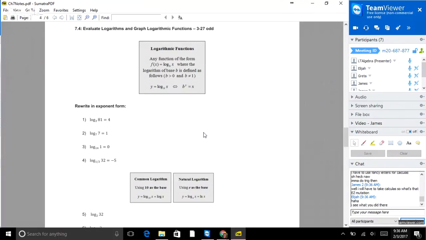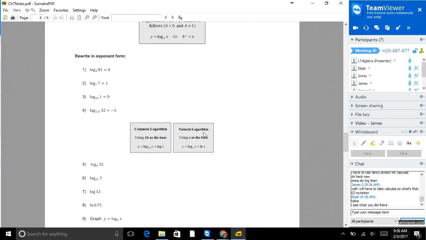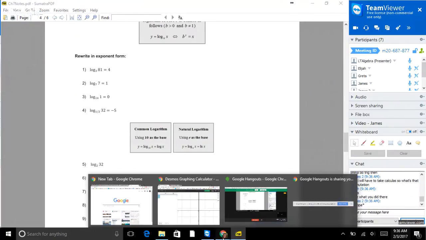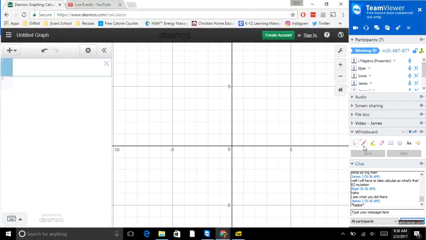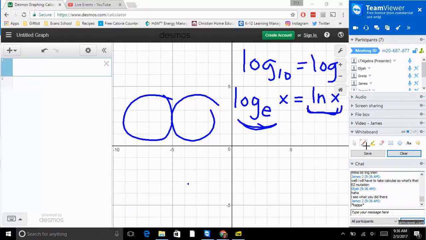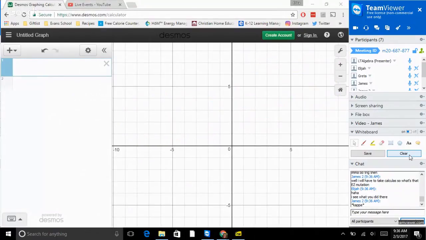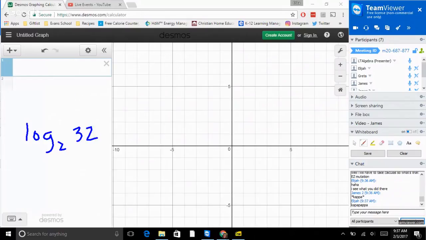So we have log base 2 of 32. Let's do a couple of these. Before we just blindly type this into Desmos, what we're trying to find is, we'll say equals y.